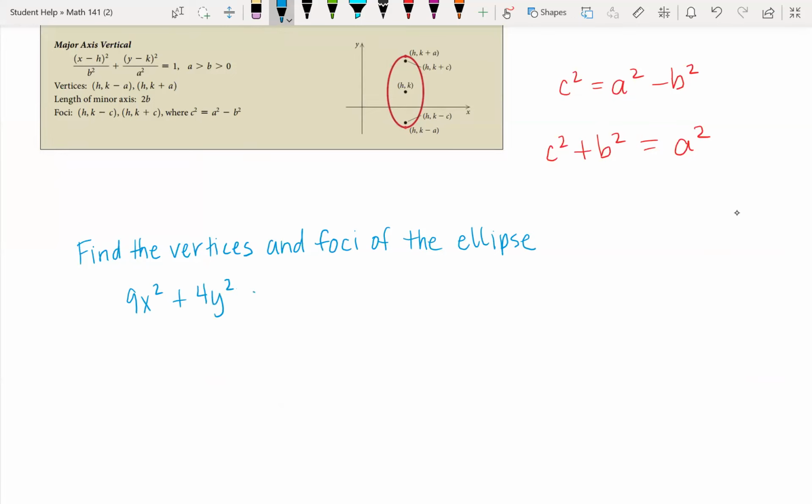Again, this looks similar to the examples that we had for circles, but notice that the coefficients in front of the x and the y are different, and that's how we know that it's not a circle.